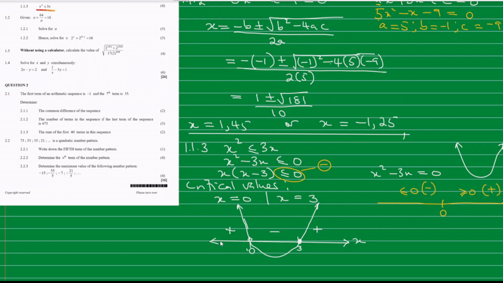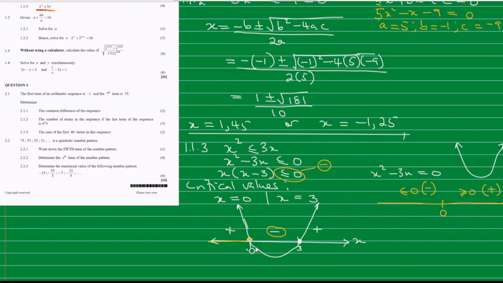Now coming to our graph, that's why we need to draw this graph. When we come to this graph, we find that from 0 to the left, our values are positive, so we don't want this one. We need the values from 0 to 3, which are the values that are negative.